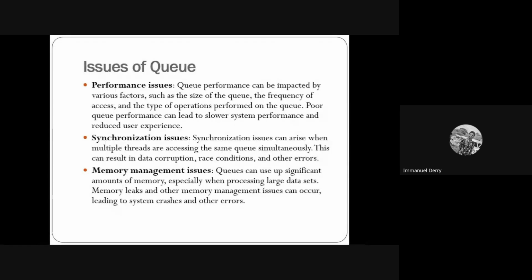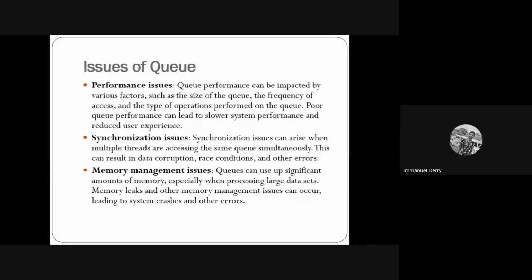And the other issue is the synchronization issue. This can arise when multiple threads access the same queue simultaneously, which can result in data corruption, race conditions, and other errors as well. And then there's another issue, which is memory management.